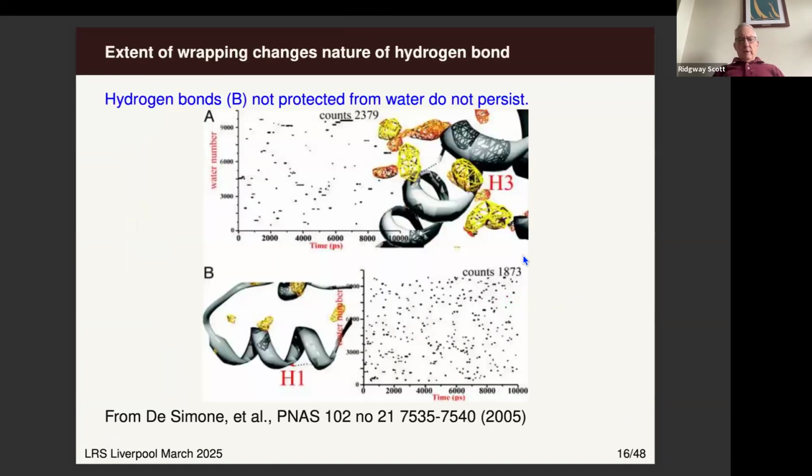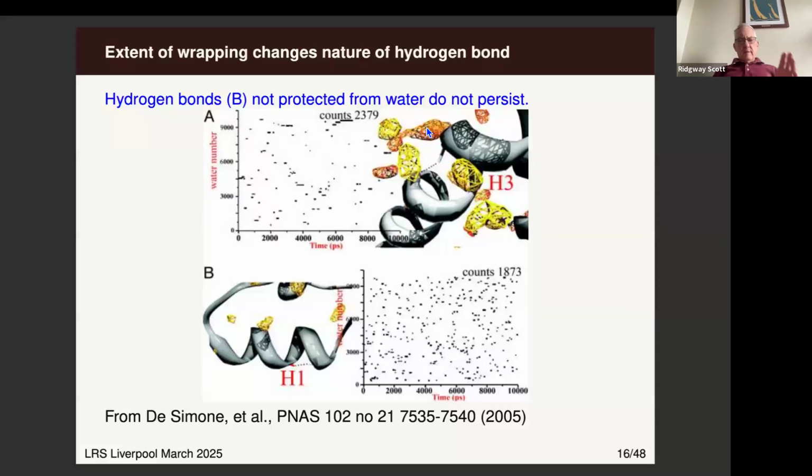Now, this was an early paper that came out discussing the dehydron by someone we didn't know at all, Alfonso de Simone. And he made this wonderful picture showing simulations that he did of water around parts of a sheet prion. And he picked two hydrogen bonds, one down here that's not well wrapped, and one up here that is well wrapped.